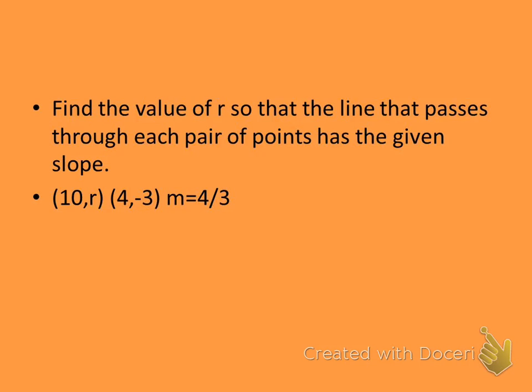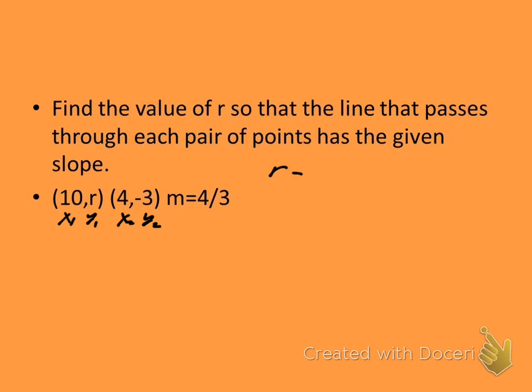So they essentially give you everything you need to find that missing coordinate. Now, the way you do this is you use your slope formula. So you have your x1, your y1, x2, and y2. I'm going to go in this order here.